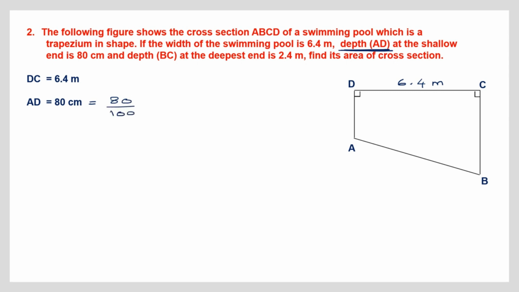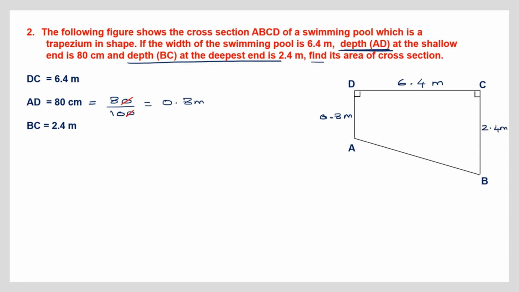Here we can cancel the zeros, and 8 by 10 is going to be 0.8 meters. So here at the shallow end, the depth is 0.8 meters. Then depth BC at the deepest end, that is, at the deepest end, BC is 2.4 meters. Let's write that, 2.4 meters.